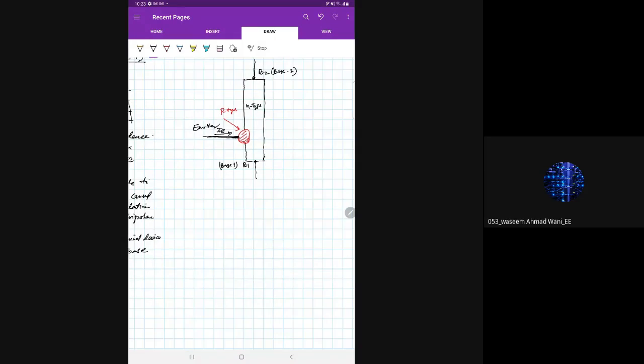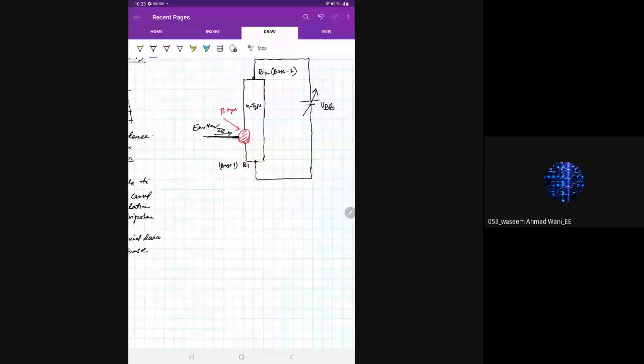Then this base B2 is connected with a voltage source, which is known as VBB, a variable voltage connected between the two bases, base B1 and base B2. This is the construction.